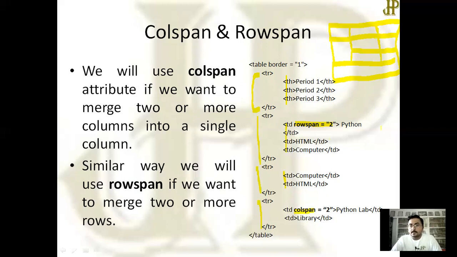Column means here, this is column, this is row. So what will happen? Again, I am going to give 2, so 2 columns should be merged. It will look like this. The first column and second column are merged into a single cell. I think now you have some idea about what colspan and rowspan are. I will give you the example soon. Don't worry.